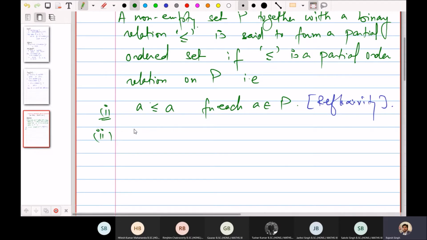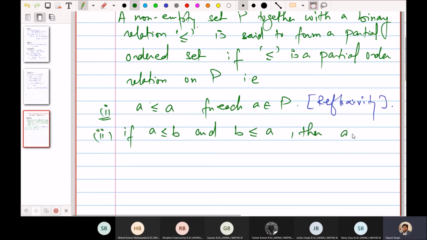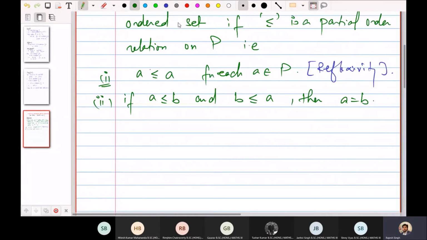Second, if A is related to B and B is related to A, then A equals B. This property is the antisymmetric property.